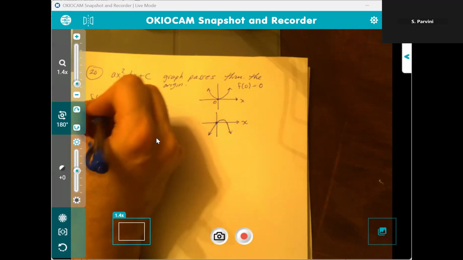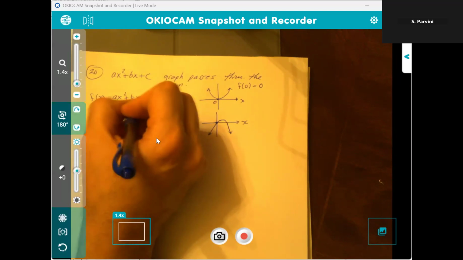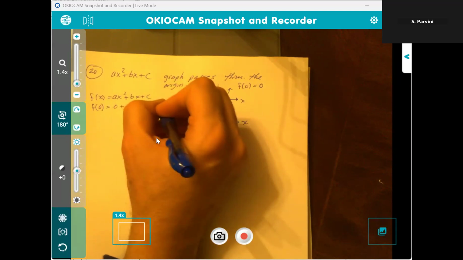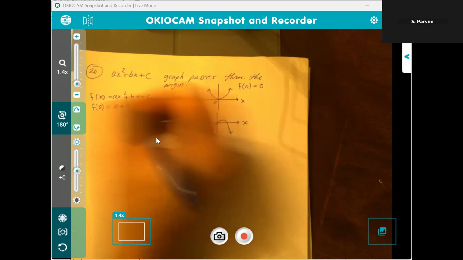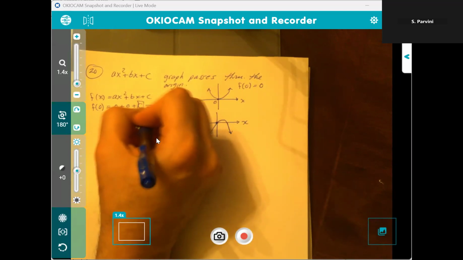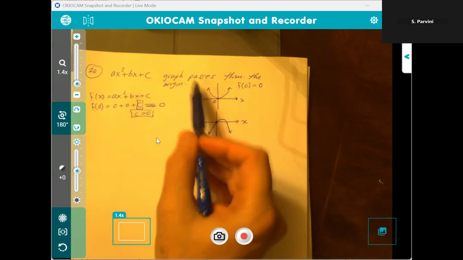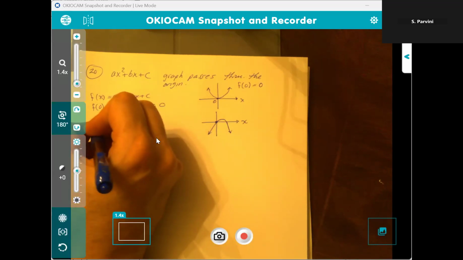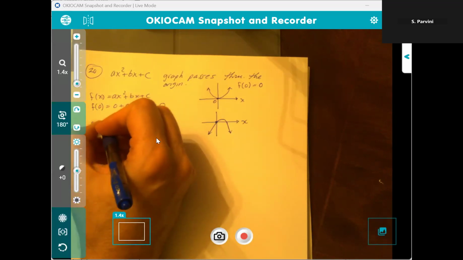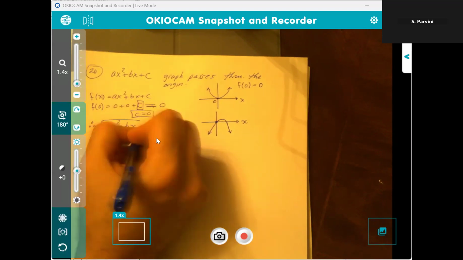When we go f at 0, that's a times 0, 0, b times 0, 0 plus c. So doesn't this, because it has to be 0, equal 0? Doesn't that mean c is 0? Therefore, all of these quadratic functions that pass through the origin are in this form. Therefore, the polynomial function is going to be in the form ax squared plus bx. This is the form we're looking at.